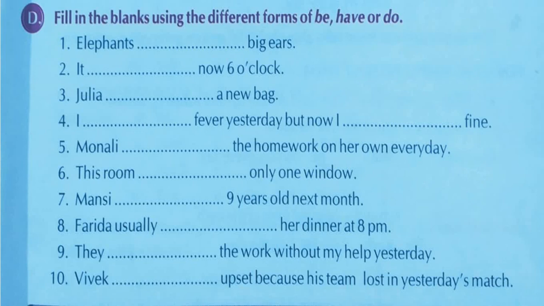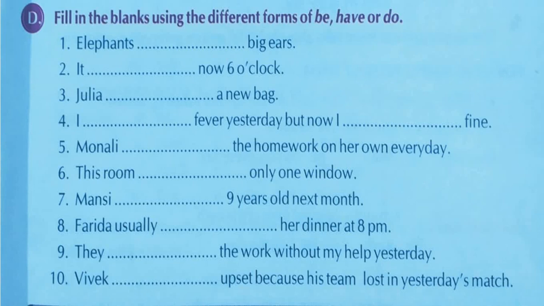Now D, this is the last exercise. Fill in the blanks using the different forms of be, have or do. So I hope you'll be able to do it. Let's do the first 3 here. Others you attempt. Number 1, elephants dash big ears.